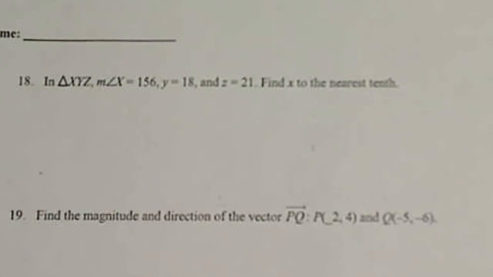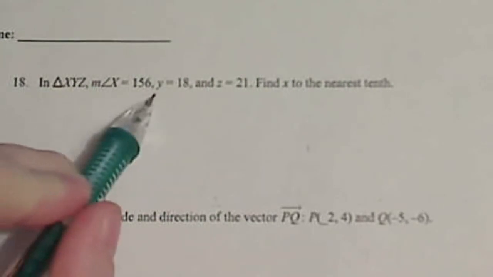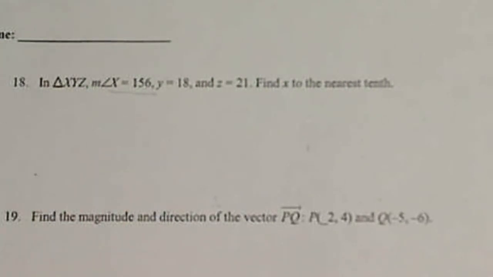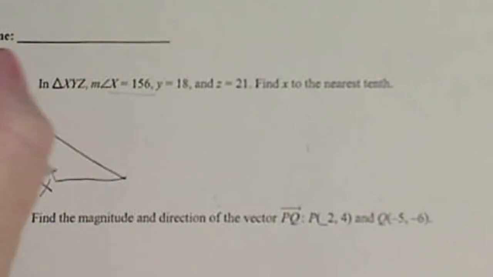Number 18, you have a triangle, but you don't see it. So let's just sketch it out. You know that this angle is obtuse, so let's make an obtuse triangle. That's angle X, and it's 156.